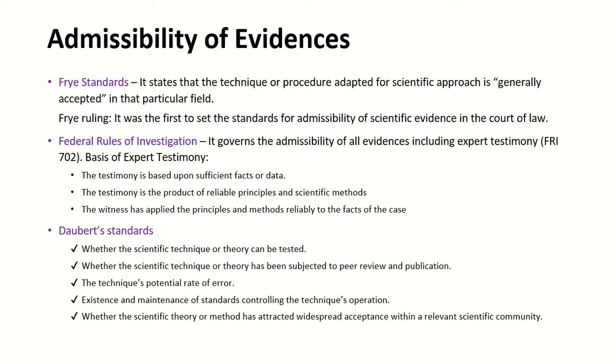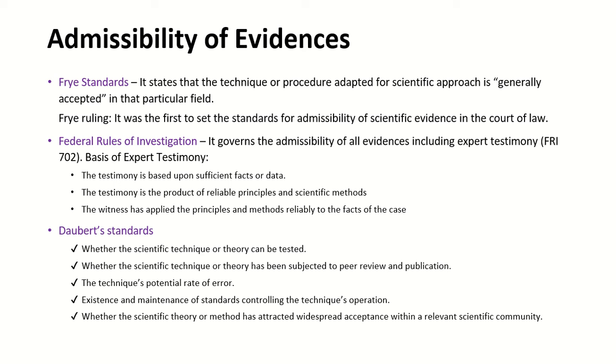Next is Federal Rules of Evidence. It governs the admissibility of all evidences, including expert testimony. Expert testimony is given by the expert in the particular field. For example, if there is a drug evidence, so forensic chemist would be the one who will give the testimony, and it is FRE 702.